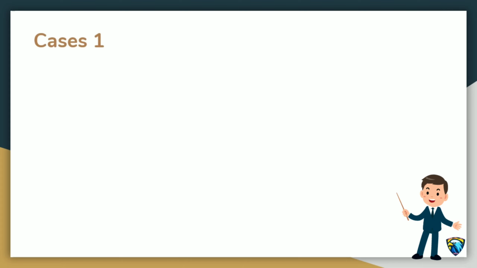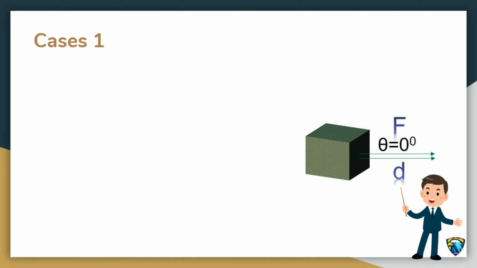Now move toward some cases. Case number 1. When the angle is 0 degree, it means that the force and the displacement are in the same direction.